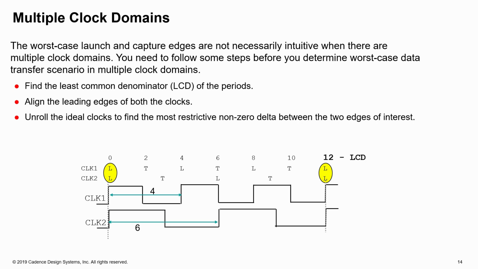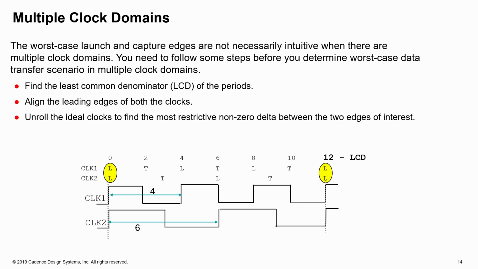When the leading edges of both the clocks are aligned, you unroll the clocks until, again, the leading edges of both clocks meet. That's called unrolling. You need to figure out how much you can unroll, and typically the LCM is where the leading edges align again.